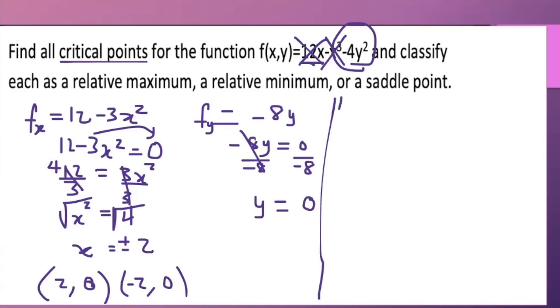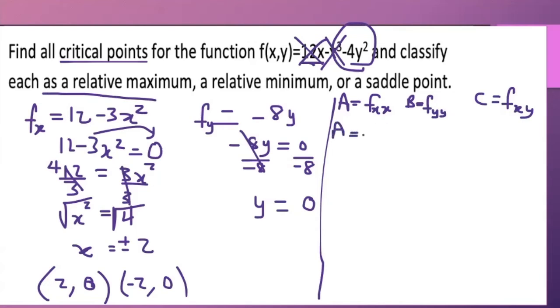Now I need to find A. A is fxx, B is fyy, and C is fxy. Once again, fxx means I differentiate this function with respect to x once more. So when I differentiate 12, that's 0. When I differentiate minus 3x squared, that's going to be minus 6x.